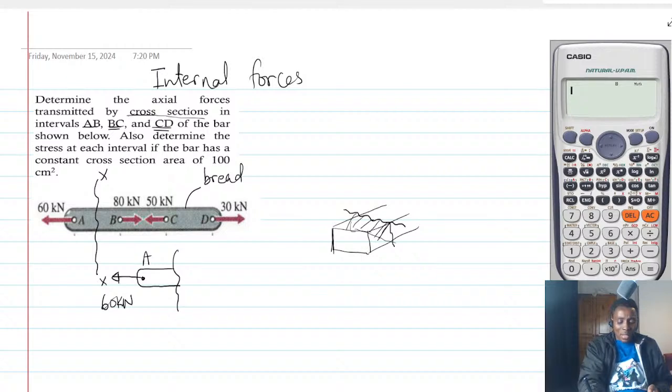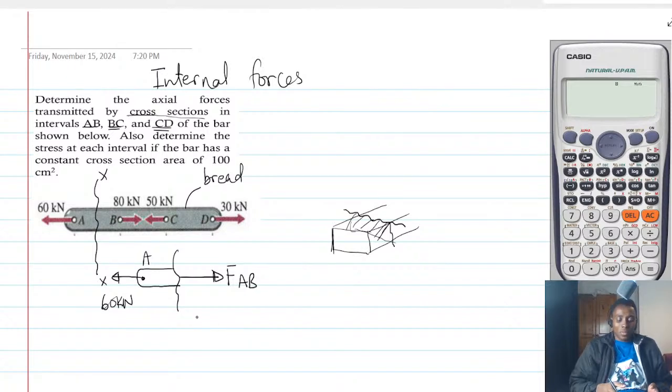Since I introduced the cut between A and B, I'll call this FAB. That is to say, the force or the internal force in member AB. And what is the direction? In fact, the direction of that force will always act in a direction which will cause equilibrium.